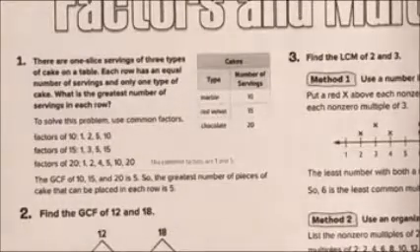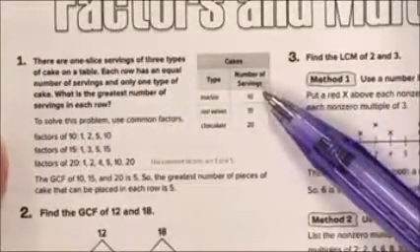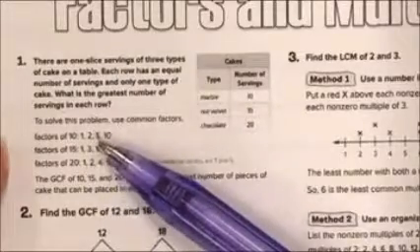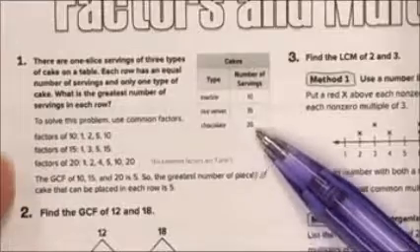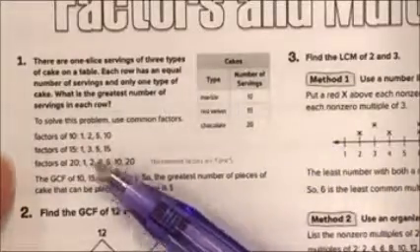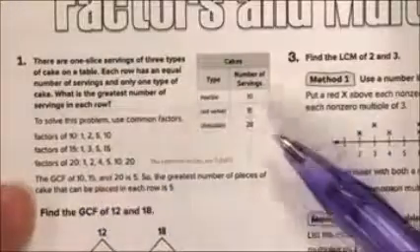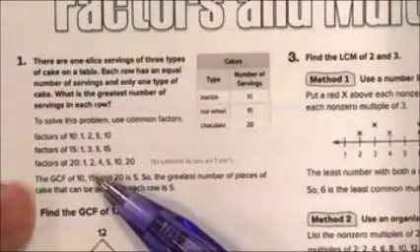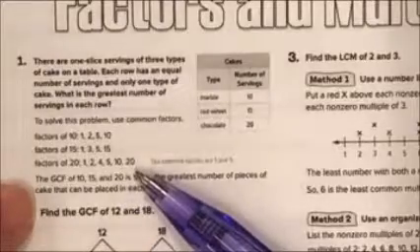So to solve the problem, I use common factors. My factors of 10, which is my marble cake, are 1, 2, 5, and 10. My factors of 15, which is my red velvet cake, are 1, 3, 5, and 15. My factors of 20, which is chocolate cake, are 1, 2, 4, 5, 10, and 20.